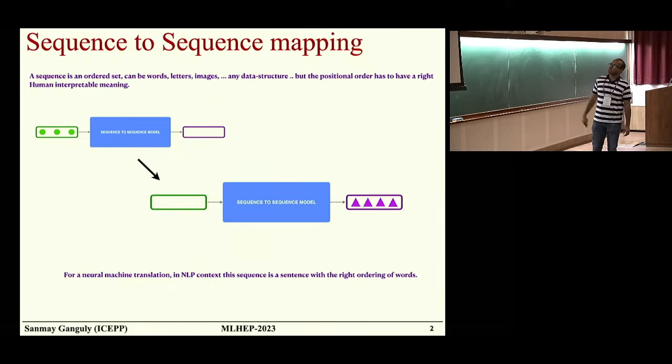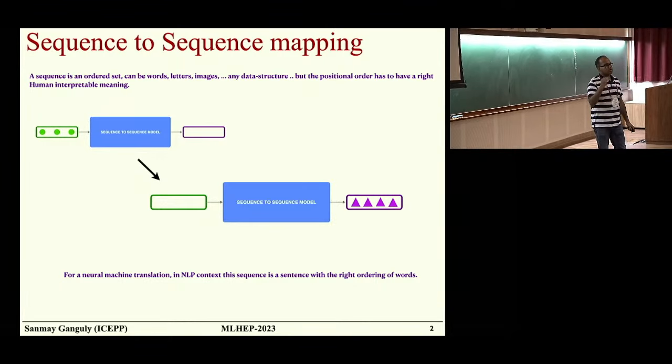So essentially, the kind of neural network we are trying to build is that given some input sequence, an encoder kind of model will map it to a latent space, and then the latent space will be decoded by a decoder model, which will give you again some sequence of words or any other set of elements where the order in this set is an essential property.